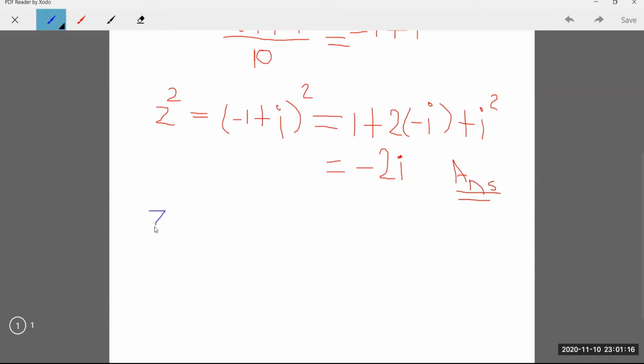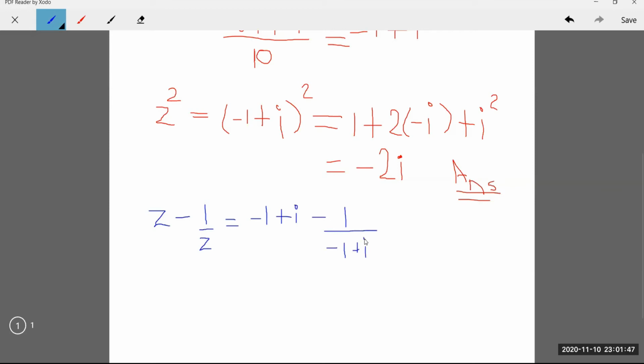We have z minus 1 over z, and we just found that z is equal to minus 1 plus i, and we're subtracting 1 over z, which is subtracting 1 over minus 1 plus i.